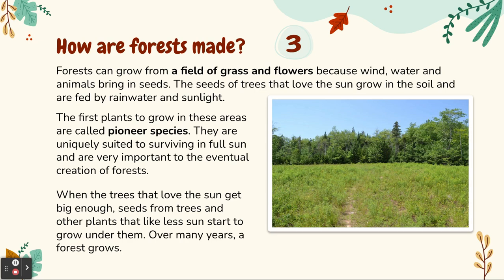And the reason for that is, again, when the trees that love the sun get big enough, that allows the seeds from trees and other plants that like less sun to start to grow underneath them, because those conditions are less sunny, because the bigger pioneer species will block out some of the sun. So the species that don't quite like that full sun will grow much better underneath the canopy of those trees. And again, over many years, a forest grows.